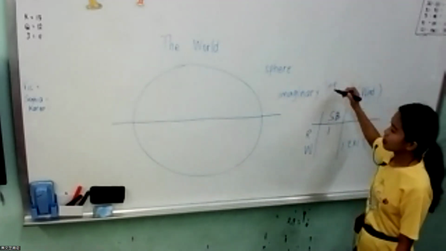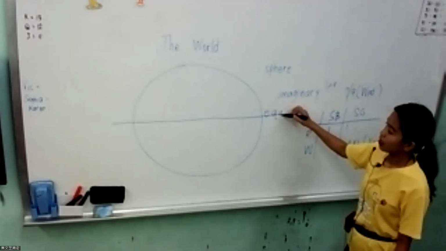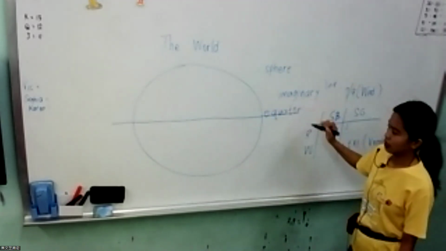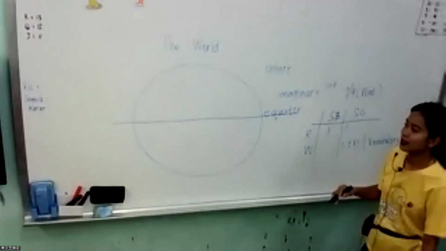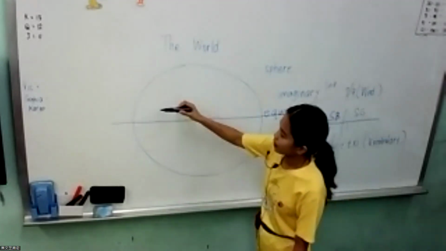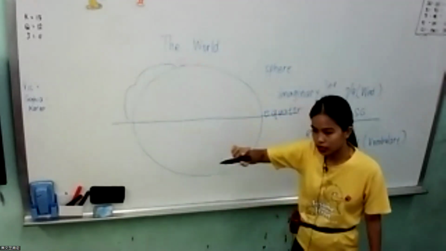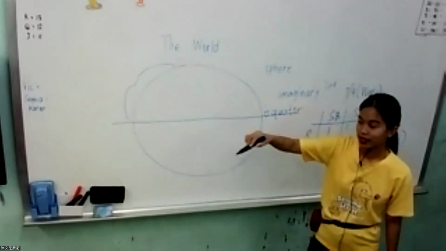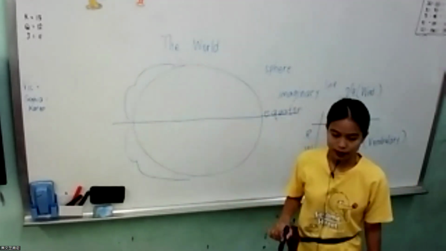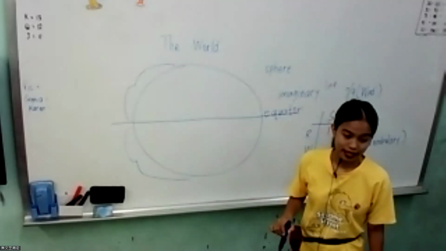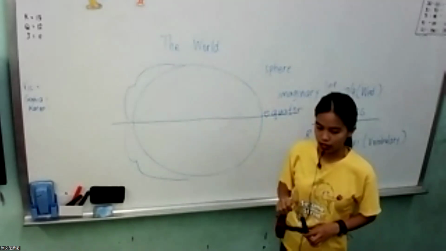It is divided into an imaginary line called equator. Good. Okay, so you have an idea already, right? So this upper part of the world has a name, and the lower part has a name also. And we will find out about it later on.